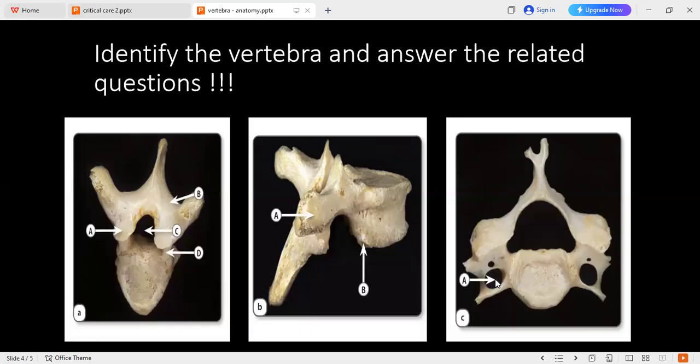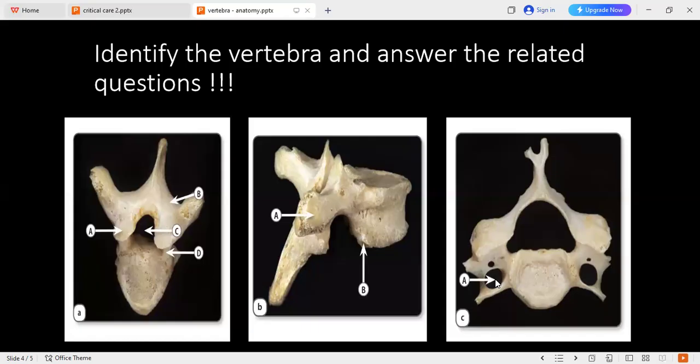C2 has the dens process. What's the name of C2? Axis. Yes, and C1 is atlas. And C7 has a very long spinous process.